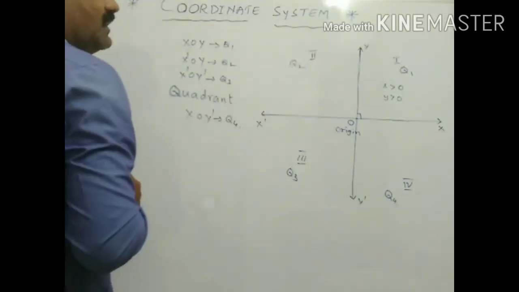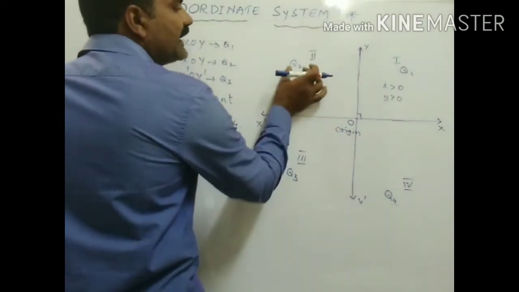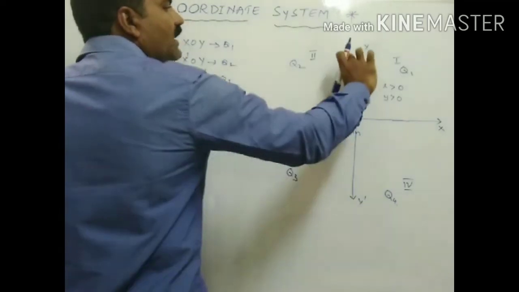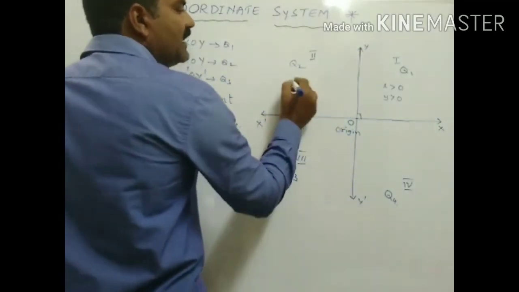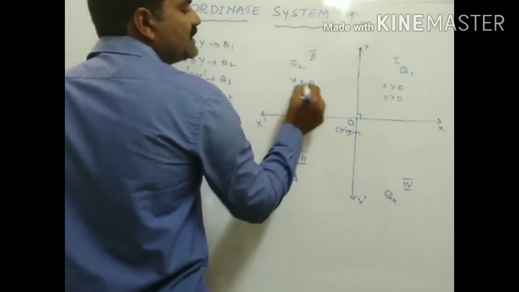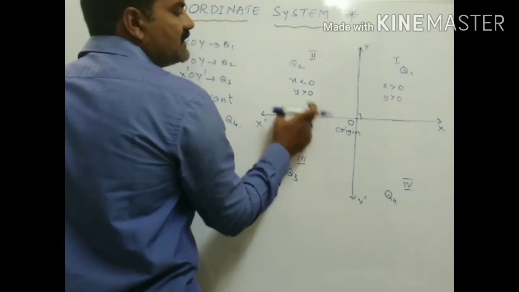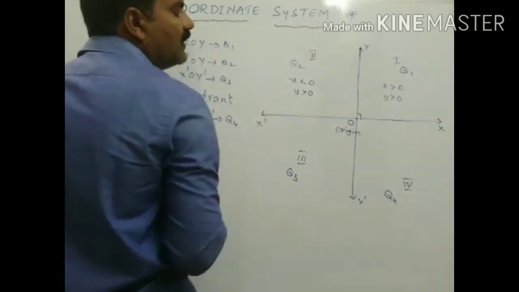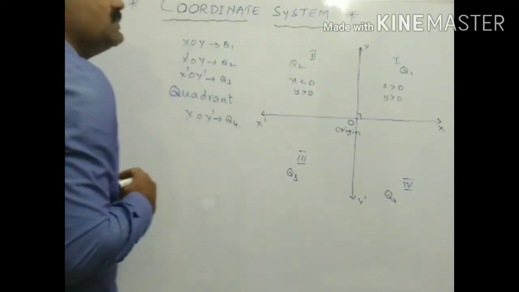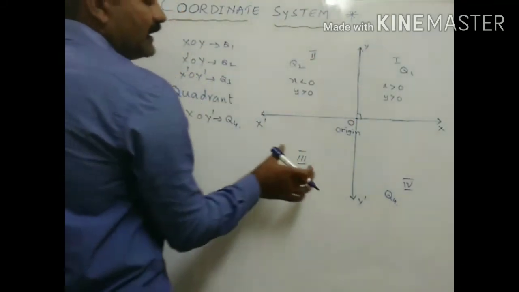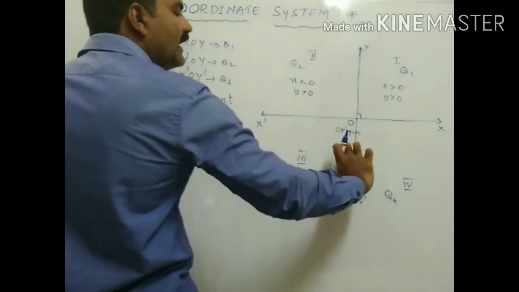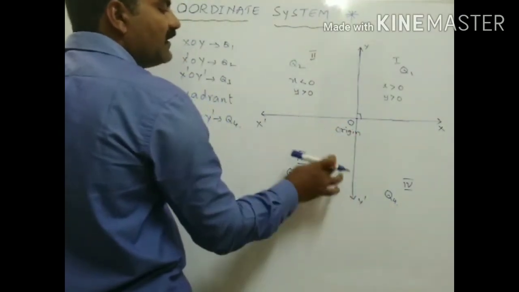So if a point P lies in the first quadrant, its x coordinate and y coordinate must both be positive. And similarly, if you come into the second quadrant, here the x-axis is a negative x-axis, whereas the y-axis is positive. Here x must be less than 0 and y must be greater than 0. And coming to the third quadrant, see OX dash and OY dash, both axes are negative.